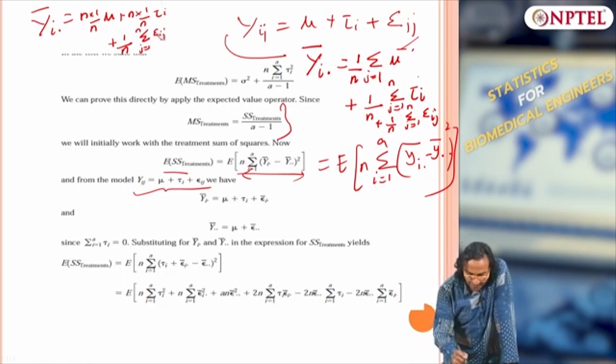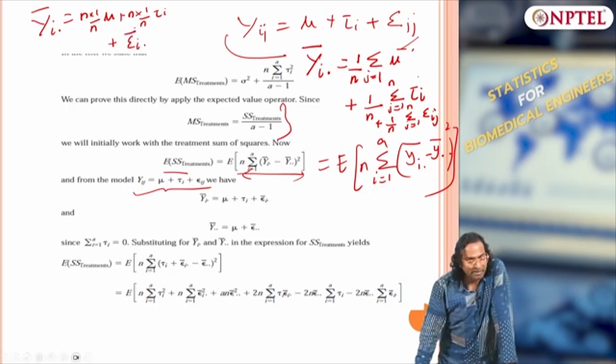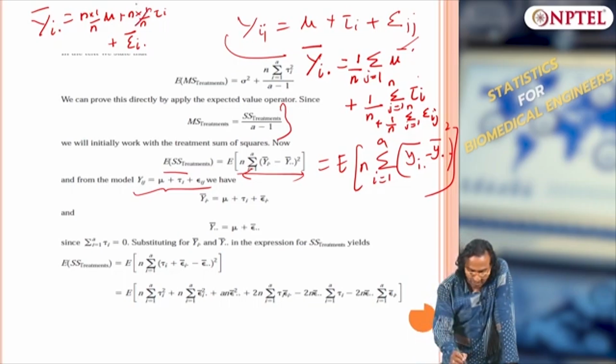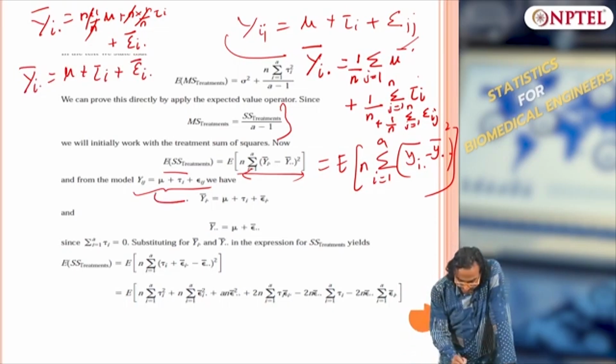This term, how do I write it? This I can write as epsilon i dot bar, clear, because I have taken average along the j axis. This one remains constant, this one also remains constant. So, yi dot bar equals mu plus tau i plus epsilon i dot bar, clear. This equation, how did I get from here to here?